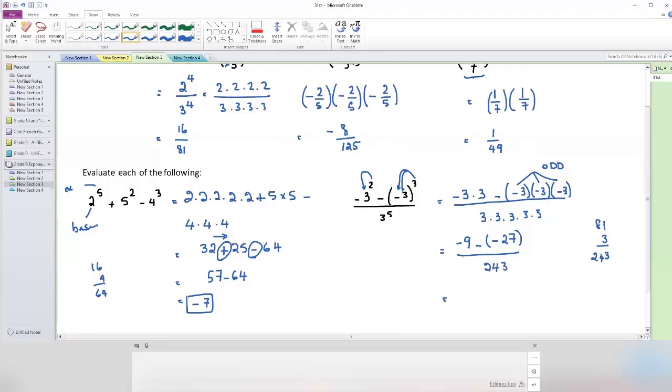Equal negative 9, negative times negative equals positive 27 over 243. The positive is larger than the negative. That means 27 minus 9, that means 18, positive, over 243.